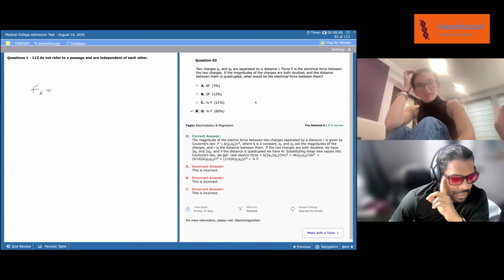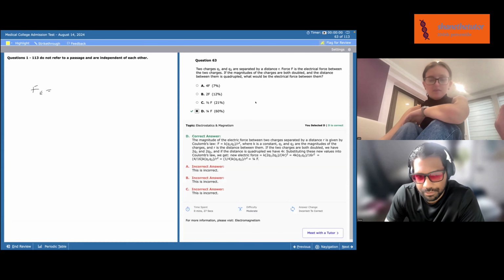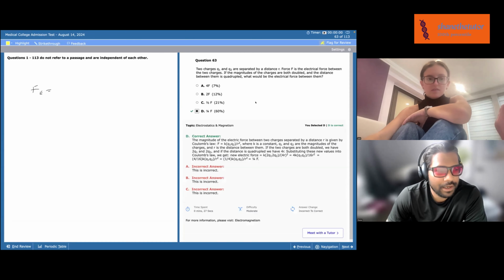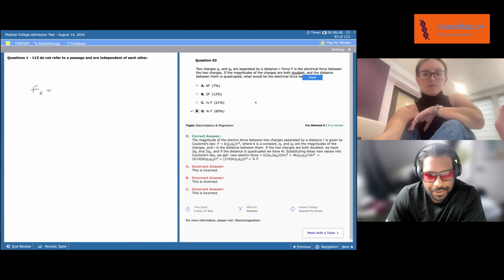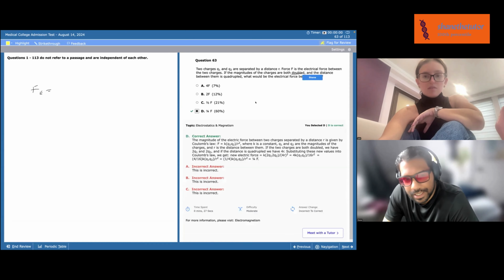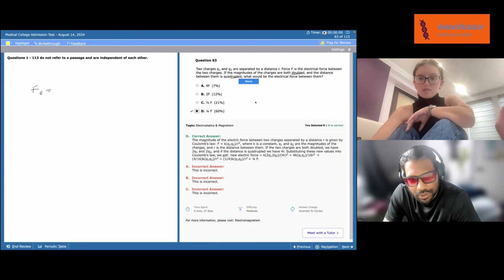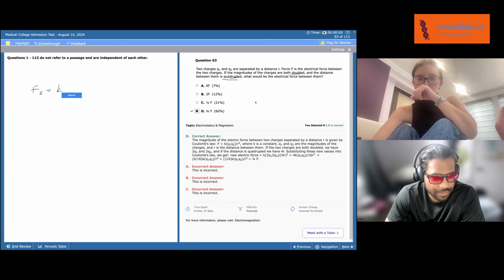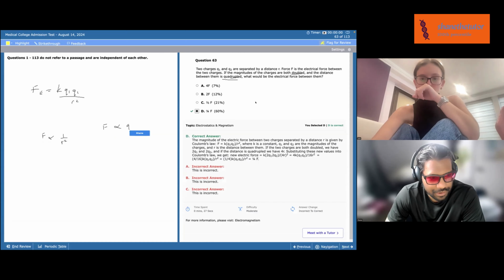So it'll definitely be an inverse, so you made the right assessment there. Now, if we doubled the charges, how do we know what to do with the quadrupled? With this, we can see that the force has an inverse proportion with the square of the radius, and the force has a direct proportion with the charge.